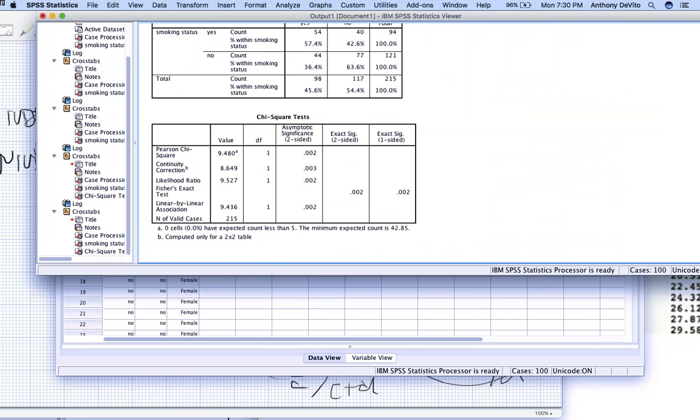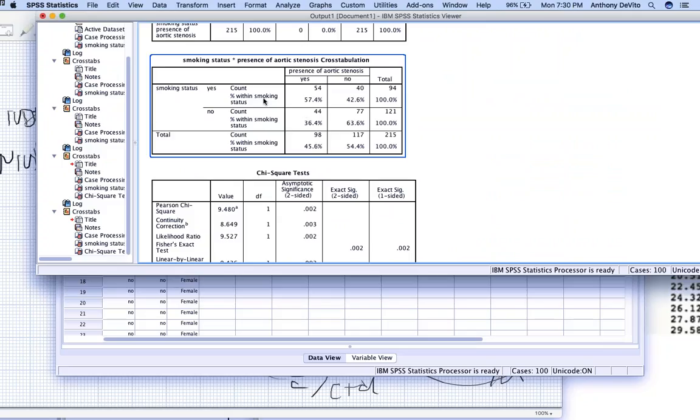And here are our percentages by rows: 57%, 42%, 36%, 100%. This is my percentage of people that had aortic stenosis that were smokers, 57%.